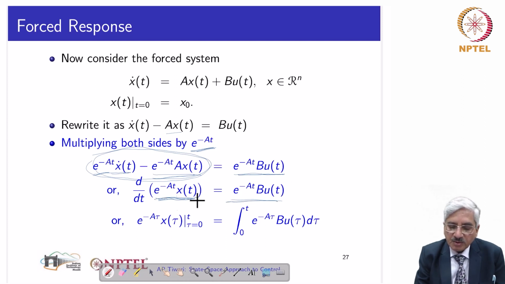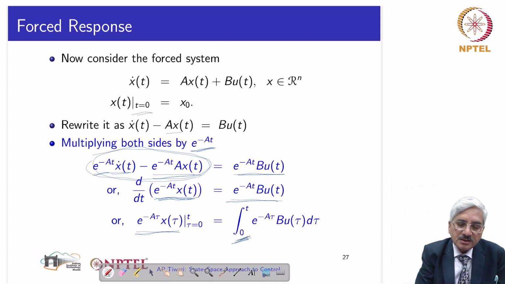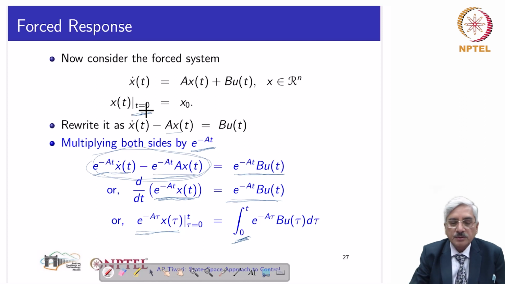And integrating both the sides, we get e power minus At x(tau) between 0 to t equal to the definite integral from 0 to t of e power minus A tau B u(tau) d tau. The lower limit was taken as 0 because the initial state is specified at time t equal to 0.